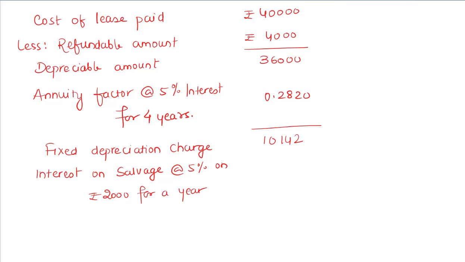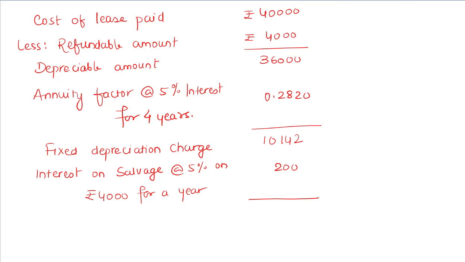Students, it is not 2,000, it is 4,000 every year. 4,000 multiplied by 5% is 200.